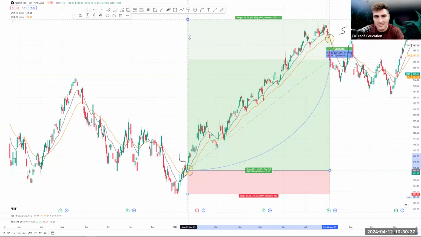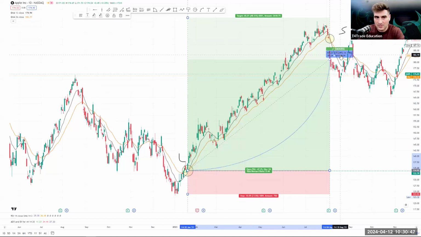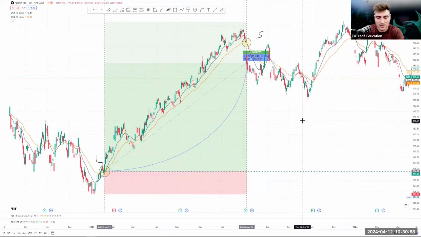Obviously, we didn't get this. This is the actual risk reward that we had at this point in time, which is 4.68. Super nice. But yeah, 35% gain compared to the 7% expected loss if it went out the other way. So this moving average strategy in this kind of case works very nicely.